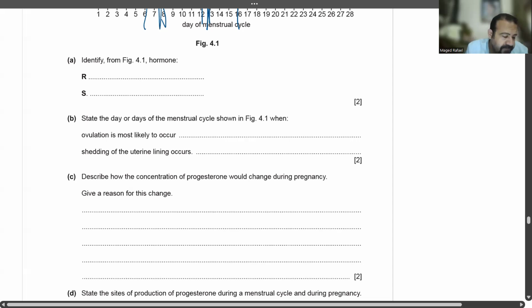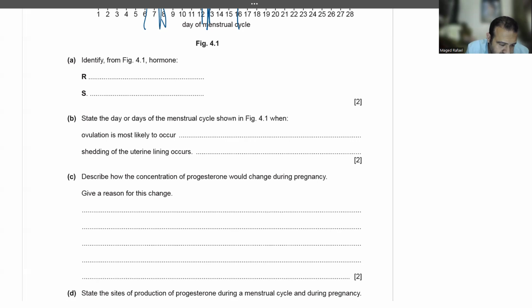We'll give a reason for the change. Watch out, I'm telling you during the pregnancy, not during the menstrual cycle.